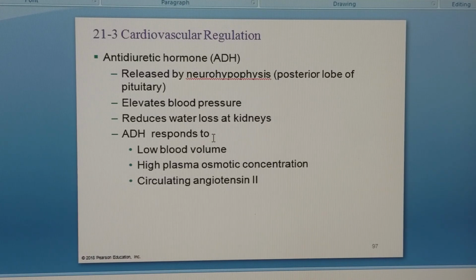So ADH responds to low blood pressure because we want to increase it, therefore holding the fluids back in the body. And remember, water will go where sodium goes. So if we're retaining sodium, we're retaining water.